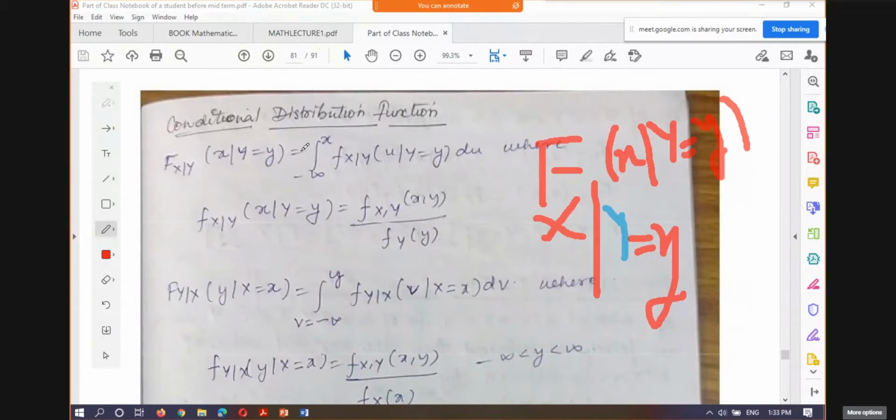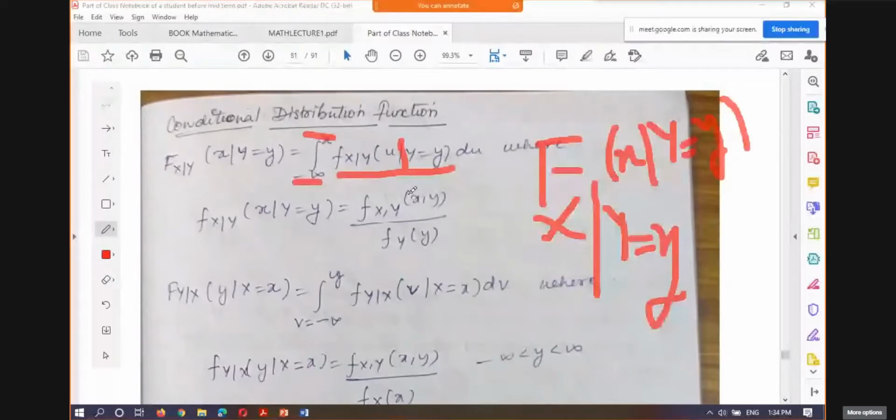It is an integration, as earlier we integrated from minus infinity to x, but instead of the density function of x we now have the conditional density function of x given Y equals y, integrated with respect to u from minus infinity to x. So this is called the conditional distribution function of x for given Y equal to small y.